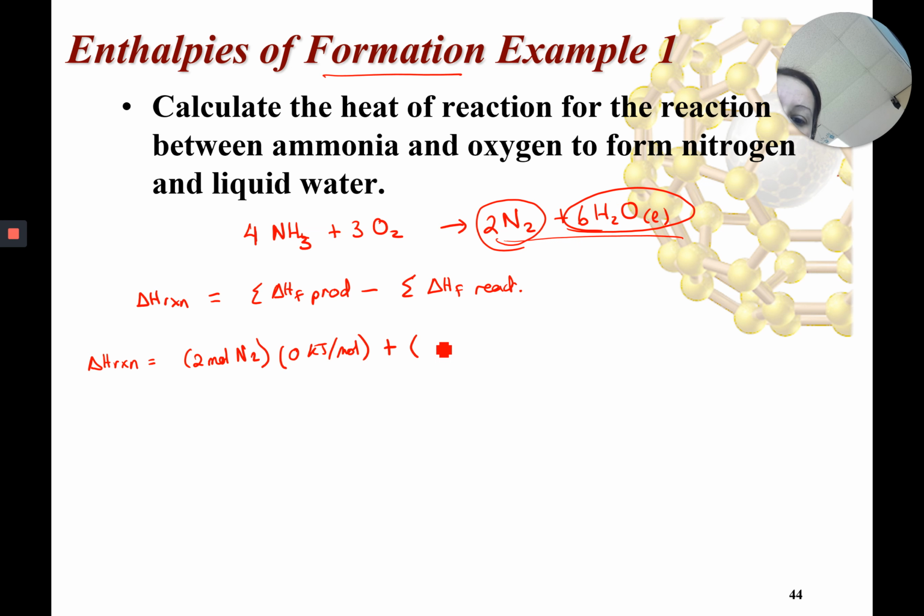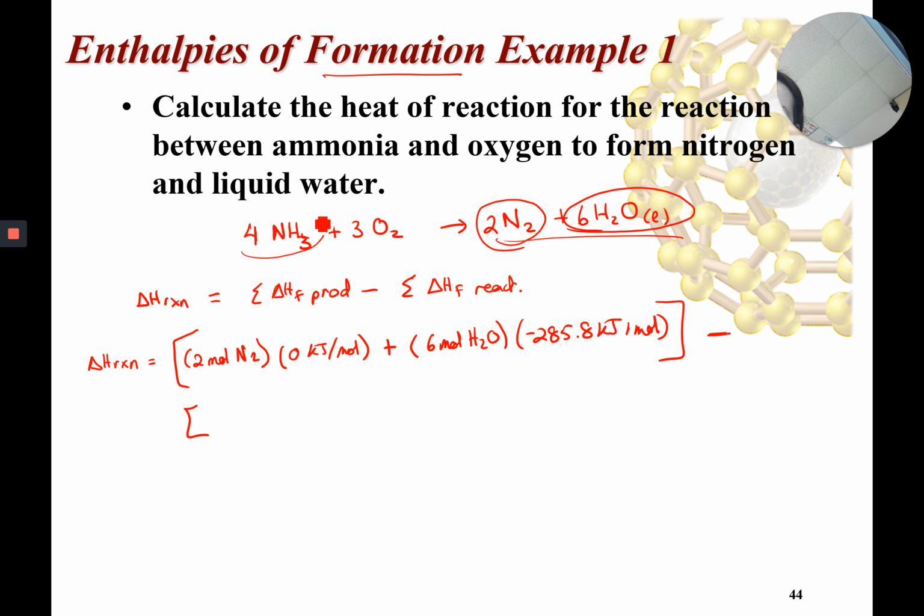Okay, next I have 6 moles of water. It's liquid water. So you go to your table, look up the value, and it's negative 285.8 kilojoules per mole. Okay, these are my products. So all of this minus, and then we're going to do our reactants. So our reactants, we have 4 moles of ammonia.